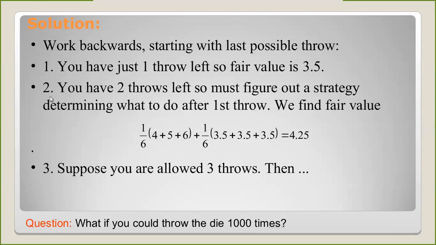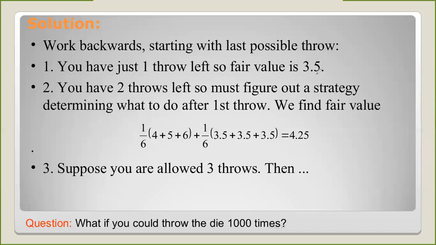This step is after this. Now I'm going to explain. You understand how we can find 3.5? Yes, but it's the mathematical expectation if we throw the die only once and we can win.